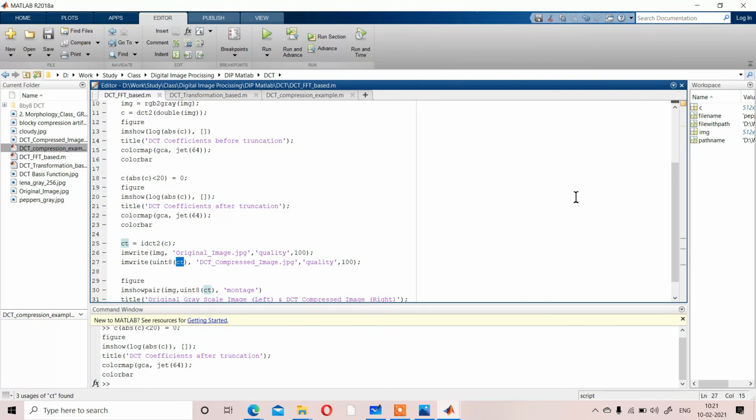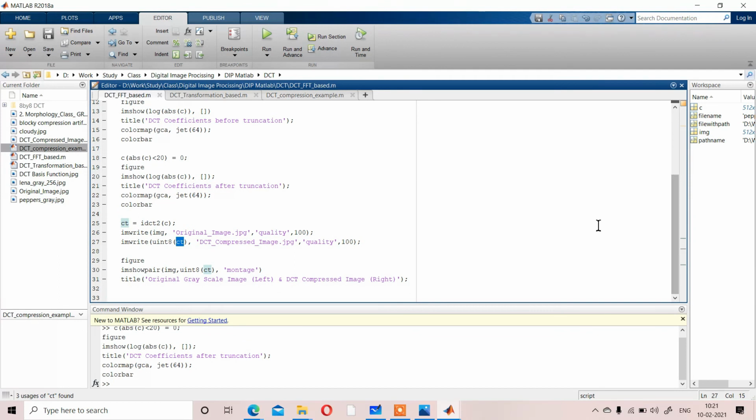And imshow pair is displaying the image and displaying the CT. In the first column it is the original image, in the second column it is the CT image.